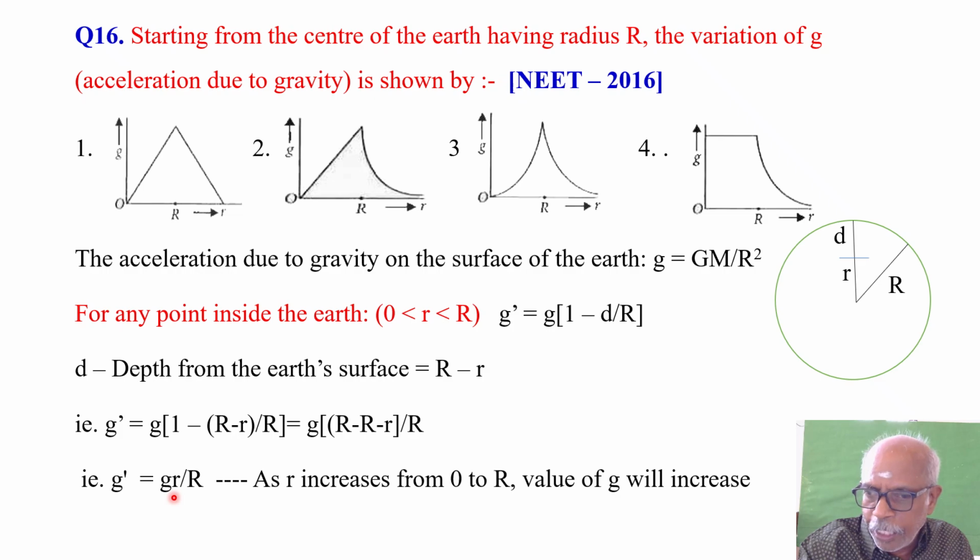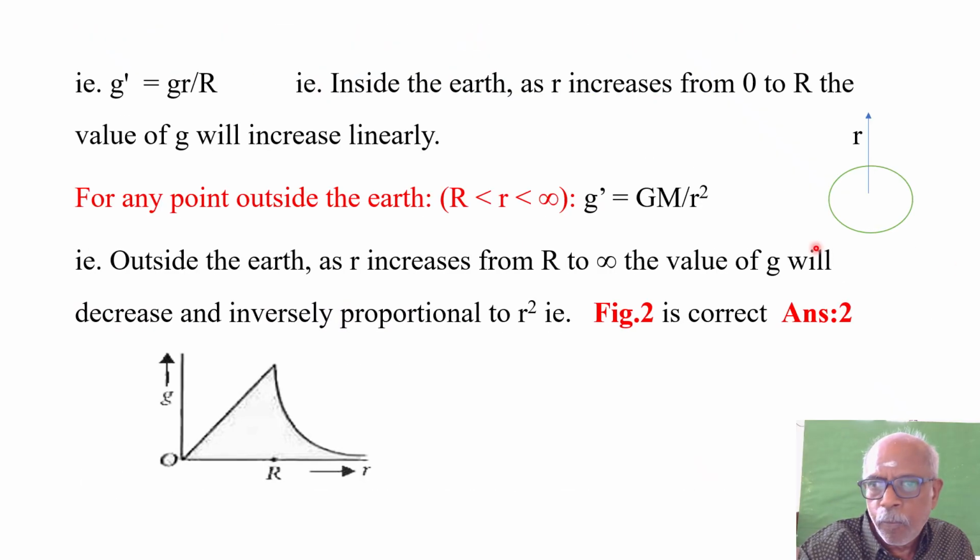As small r increases, g dash will increase. So maybe graph 1, 2, or 3 may be correct. Definitely 4 is not the right answer. What about the other side? What about any point outside? Let us discuss that also.